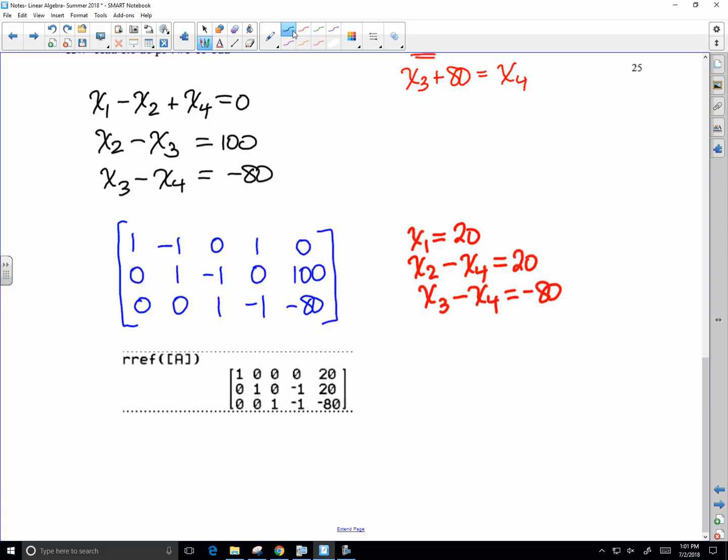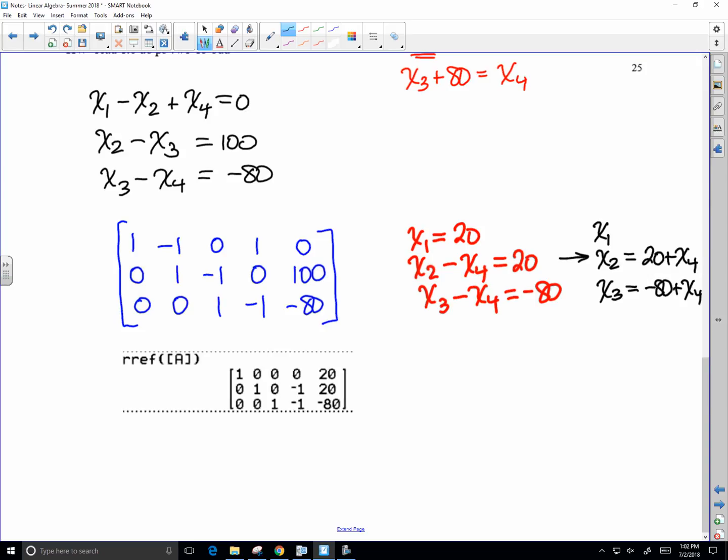So these two manipulate out. X2 equals 20 plus x4, so it's definitely a dependent system. X3 is equal to negative 80 plus x4.